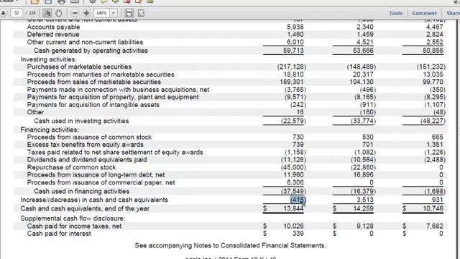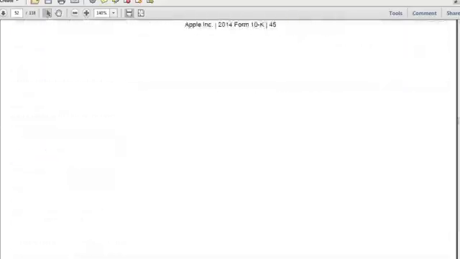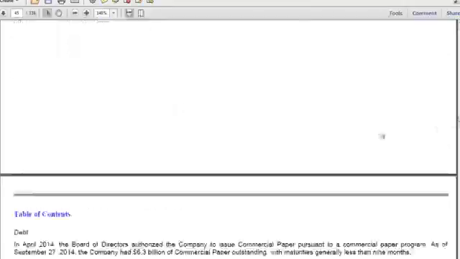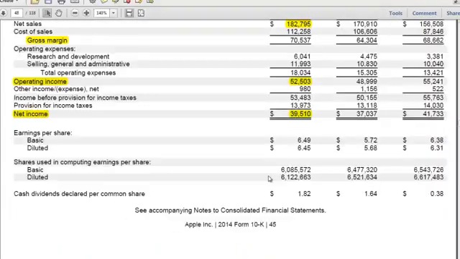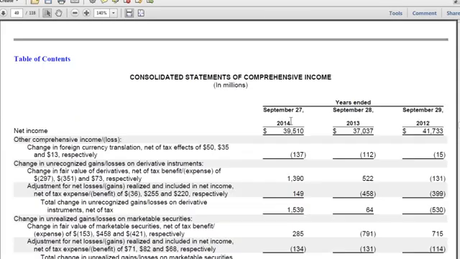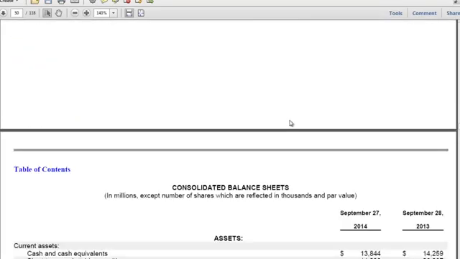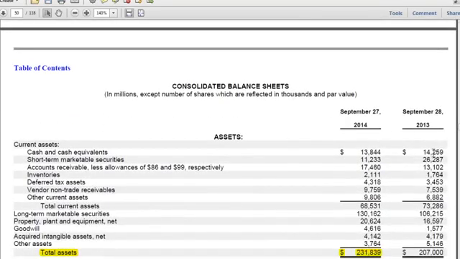And actually, when you look at it, if you remember right, back on the income statement, we mentioned that Apple had, oops, I went too far. Back on the income statement here, Apple had $39 billion of net income, but when you look at their change in cash, when I look at the balance sheet, they started out the year with $14 billion in cash, and cash actually went down to $13 billion.